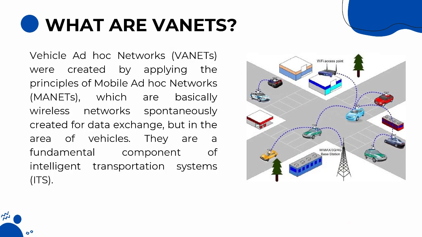To provide context, we need to understand what VANETs, or vehicular ad hoc networks, are. They are an evolution of common mobile networks, MANETs, but with very specific characteristics. In a VANET, the network nodes are vehicles and fixed roadside infrastructure that communicate without the need for a mandatory centralized base.